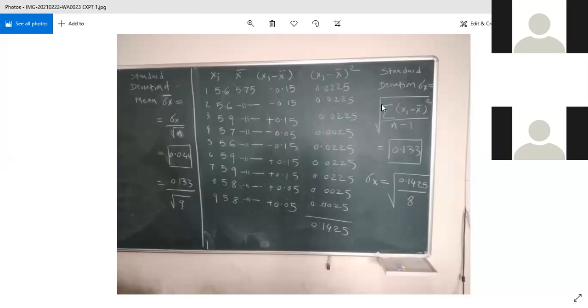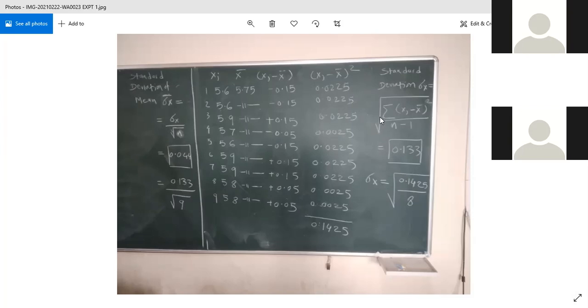In the numerator it will be 0.1425, and n minus 1: here we have taken 9 readings, so 9 minus 1 means 8. So sigma x is the square root of 0.1425 divided by 8. That is called the standard deviation.